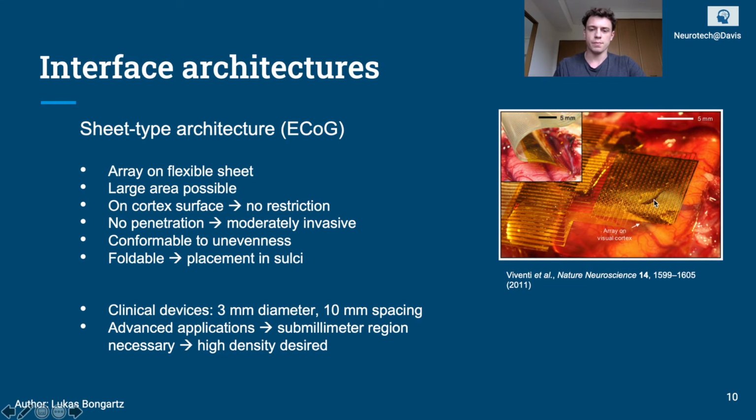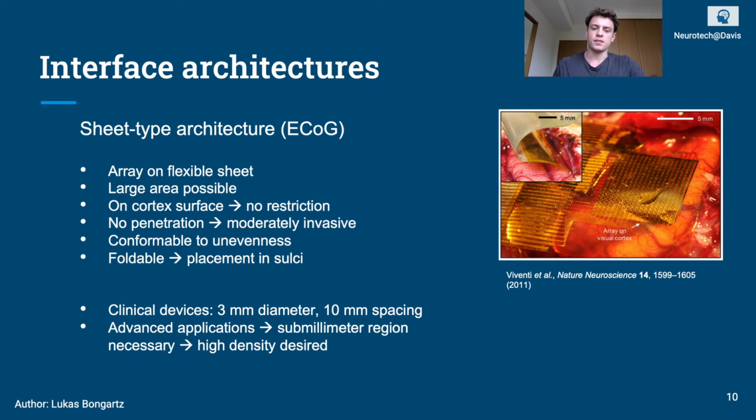And I think in this paper they did it with silicon nanomembrane electrodes. Devices that are currently in clinical studies often employ electrode diameters in the region of some millimeter with a bit larger spacings.